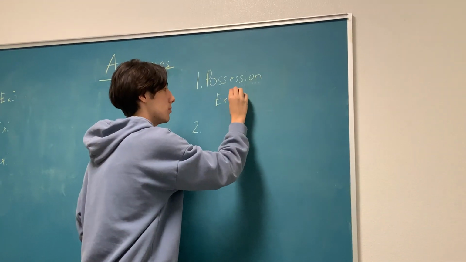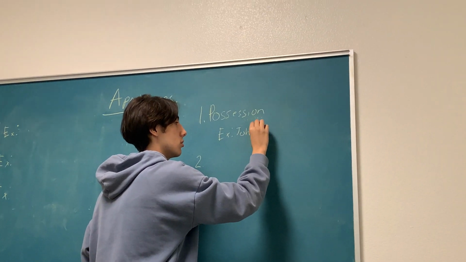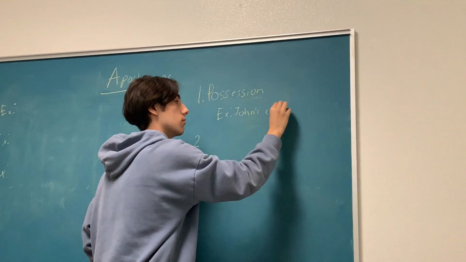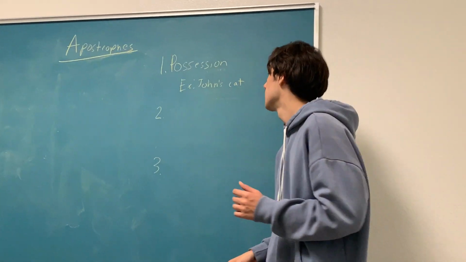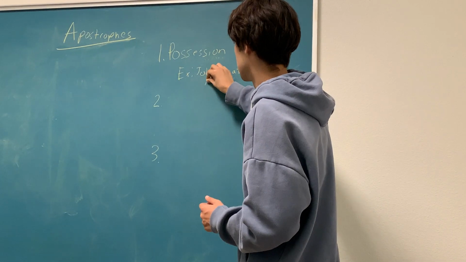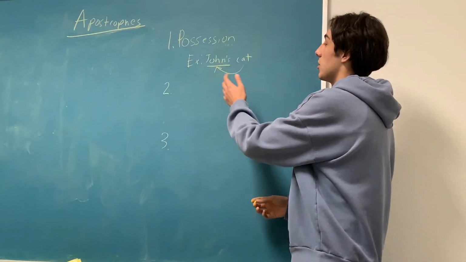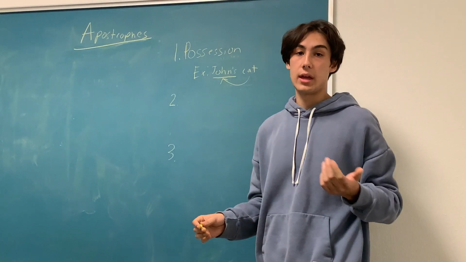For example, John's cat. This apostrophe shows us that this cat belongs to the subject of the sentence, which is John. And this is important because we need to know who the cat belongs to.